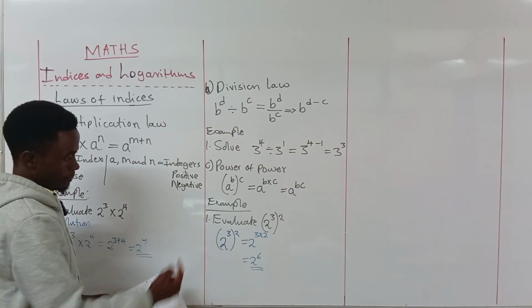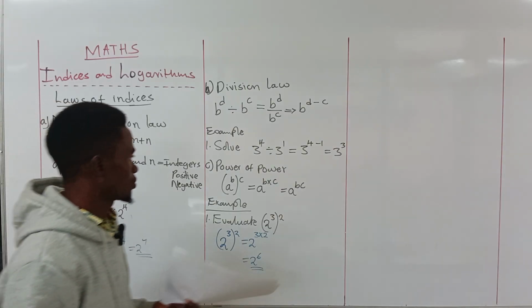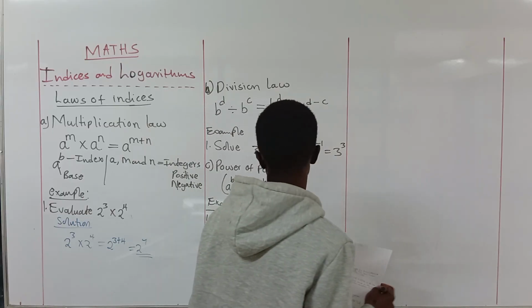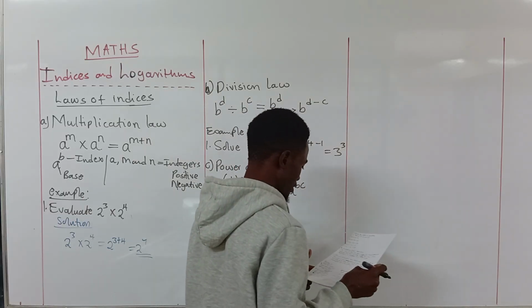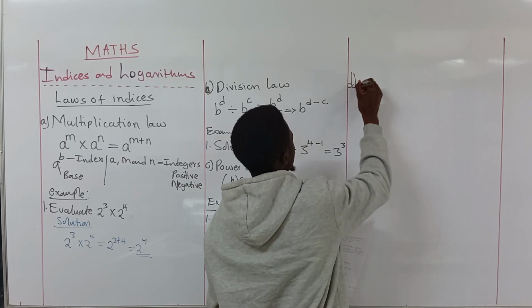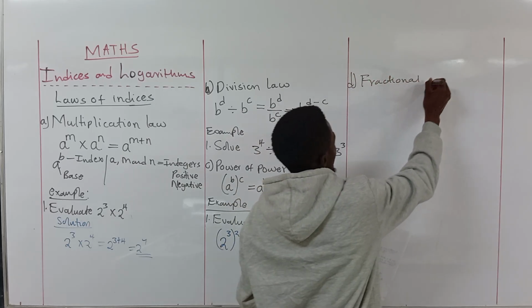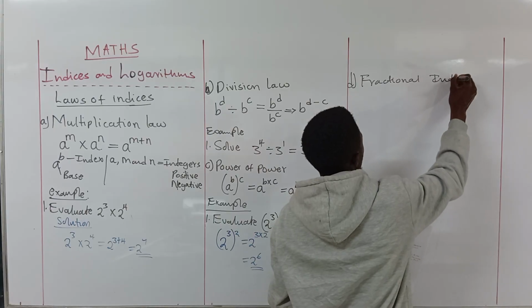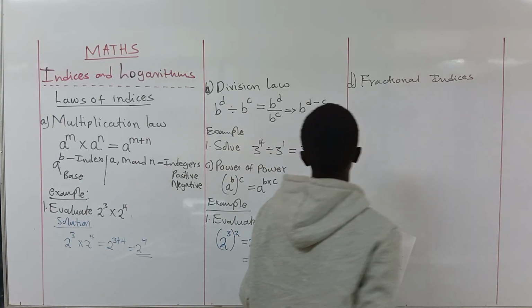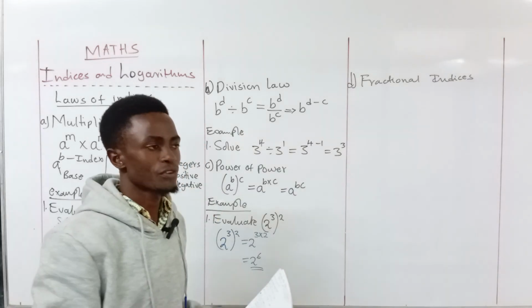Now, in the powers of powers, a number can be raised to a fraction. So we have a law that is guiding our fractional indices. On the fractional indices, it means that a number has been raised to a certain fraction.